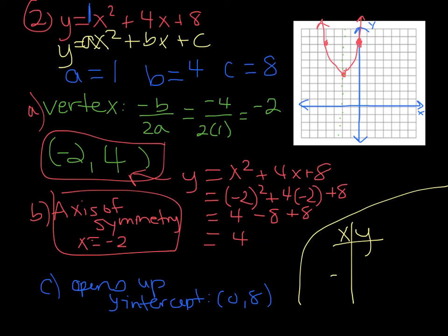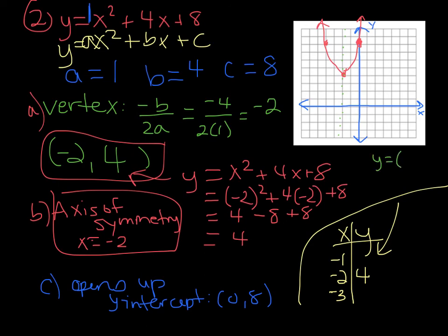We know that the point negative 2, 4 is on the line. That is our vertex. If you do 1 point on either side of it, that will help you out. You can even do 2 points on either side of it. So when you do that, you will just take that x value, substitute it into your original equation.